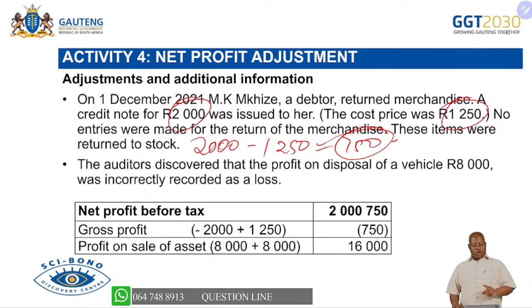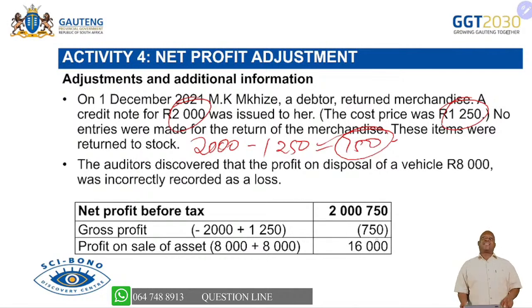And then we go to the profit on sale. Remember, instead of adding it, we subtracted it. So whenever it is the wrong sign, whenever you are making a correction, the figure must be times 2. So we are going to add 16,000. Remember, the first 8,000 is to cancel the mistake. We subtracted 8,000.